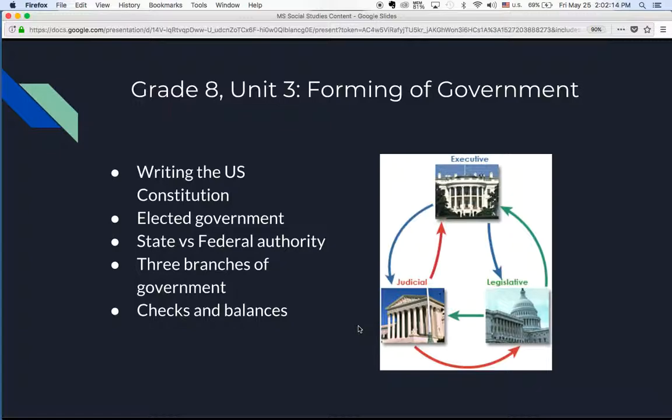Unit 3 is formative government. So this primarily focuses on the establishment of the United States government as we know it today. It started with the U.S. Constitution and some of the elements that we see throughout the world today in modern day democracies, such as three branches of government, checks and balances, state versus federal authority, and how elected governments run everything.